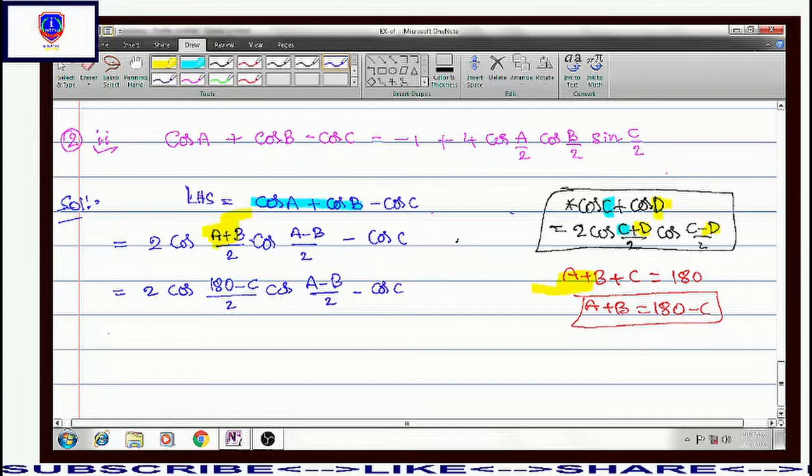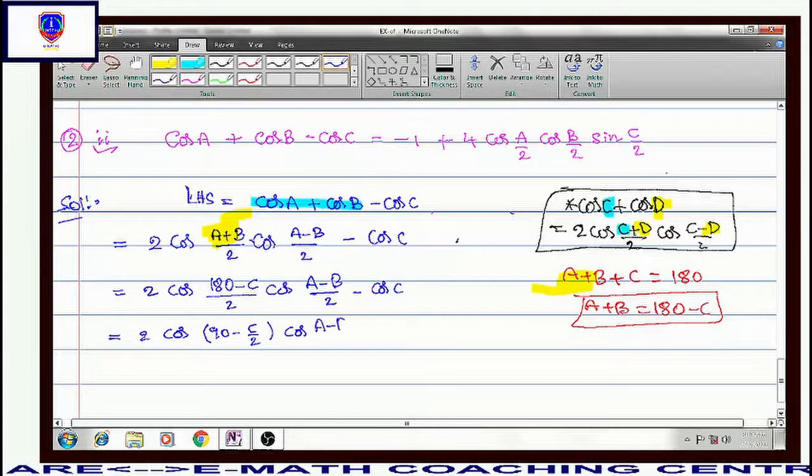Now divide this 180 by 2 and also C by 2. Then we have 180 by 2 means 90 minus C by 2, with no changes for the remaining terms: cos of (A minus B) by 2 is the same, and minus cos C is the same.